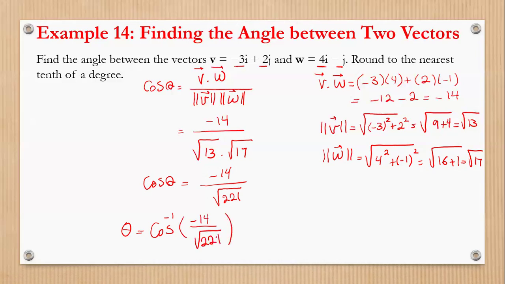And I need to put this one in the calculator. And if you put it in the calculator, you will get 160.3 degrees. That's the angle between the two vectors. If you graph the vectors, you may be able to see that angle because the first vector is 4, -1.